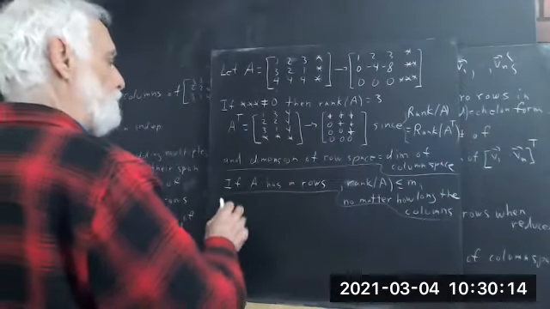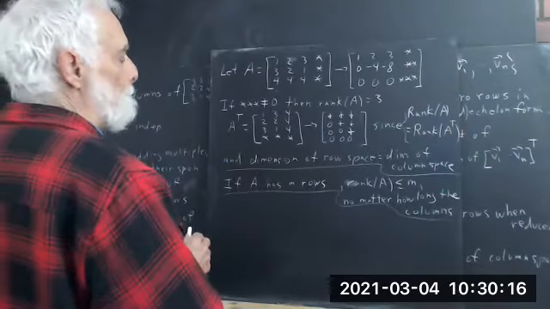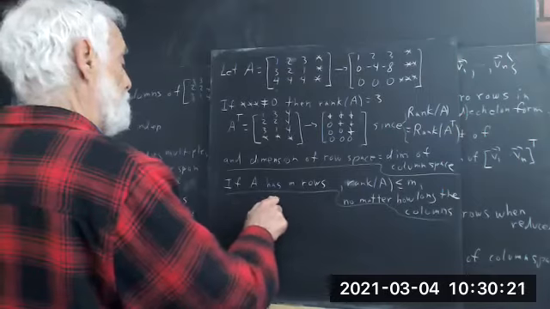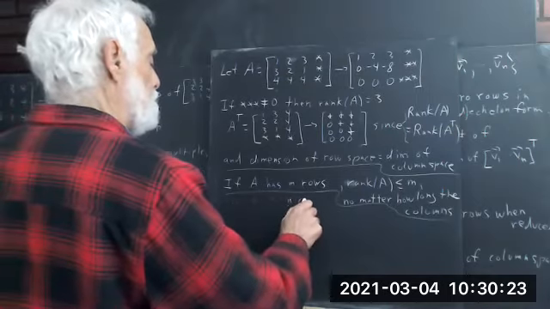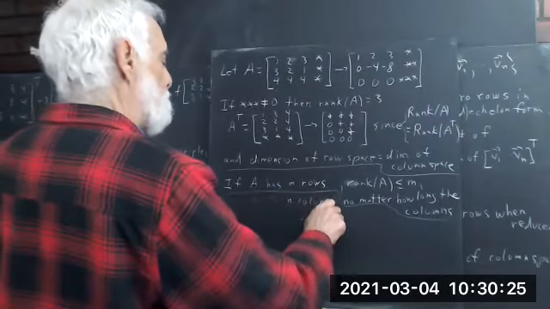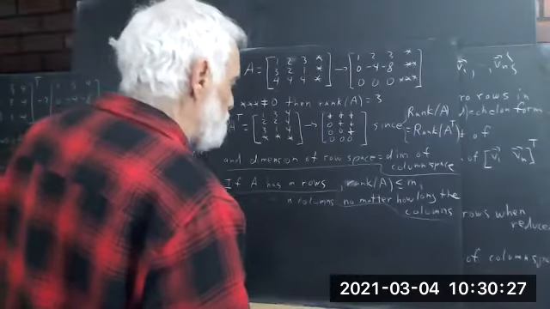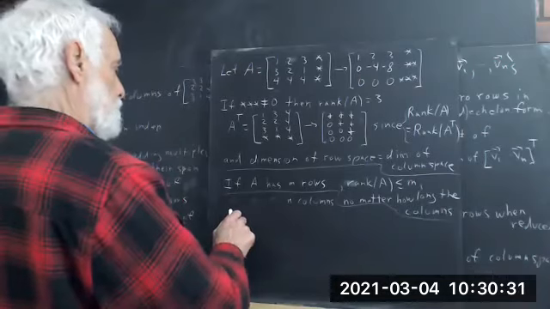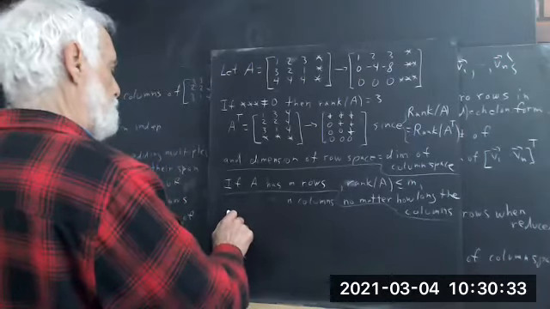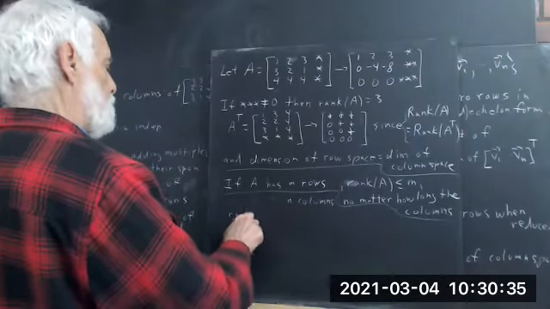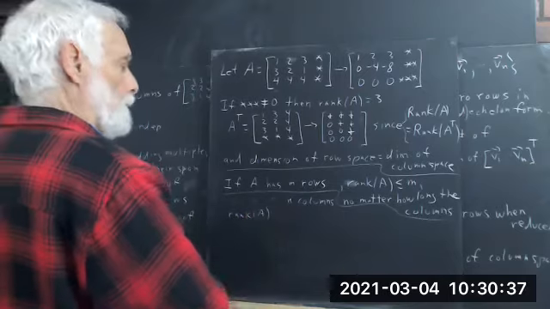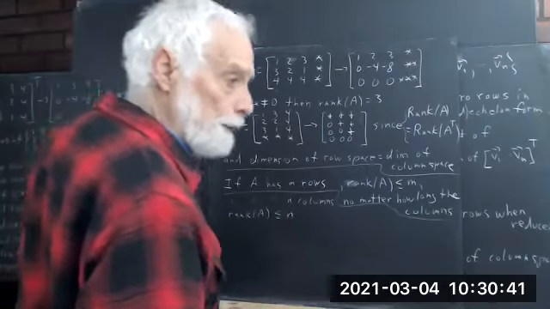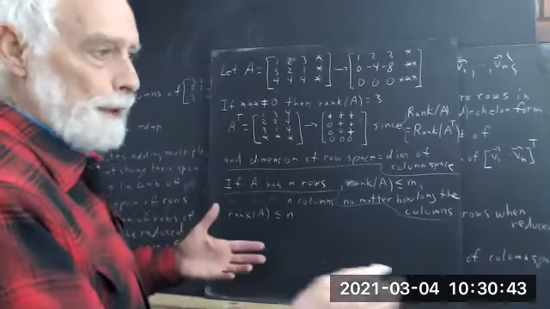And then if A has n columns, the rank of A is less than or equal to M, no matter how many rows you've got.